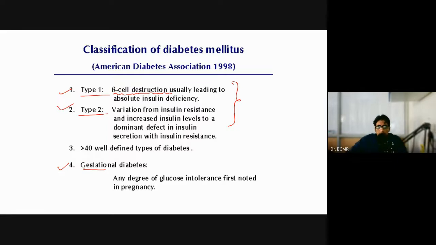Type 2 diabetes is mostly about resistance to insulin. In type 1 diabetes, there is a lack of insulin. In type 2 diabetes, even though there is insulin, there is lack of response to insulin. That is resistance to insulin. Okay, these are type 1 and type 2.